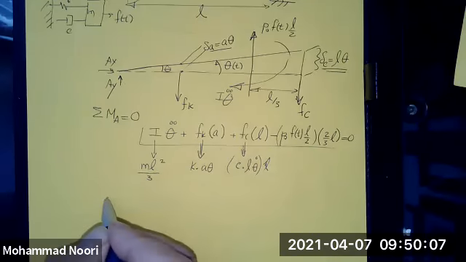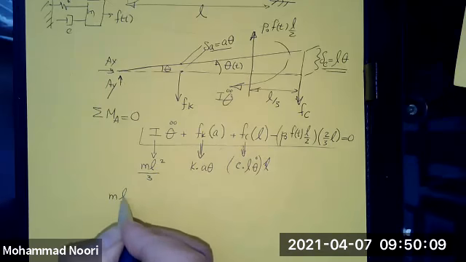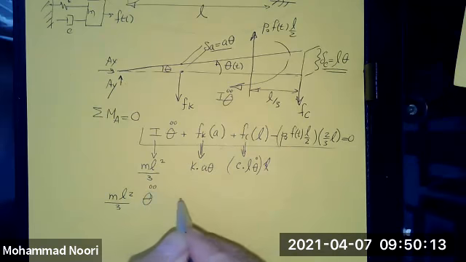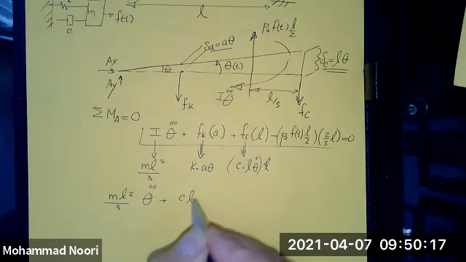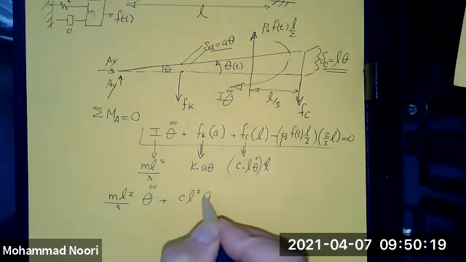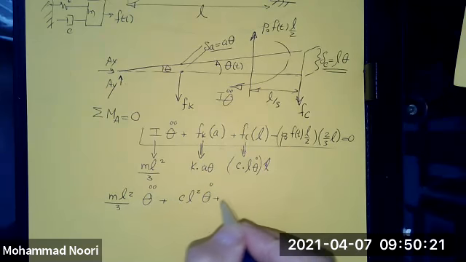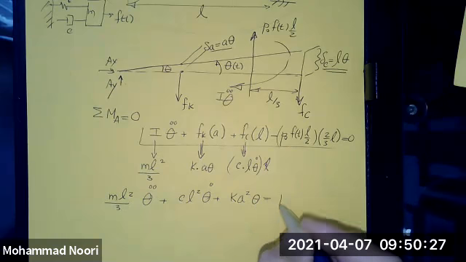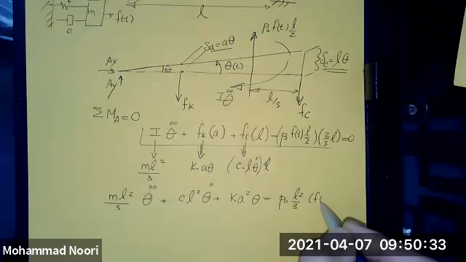If you put all these into that equation, you get ML squared over 3 theta double dot plus C L squared theta dot plus K A squared theta is equal to P naught L squared over 3 F of t, okay?